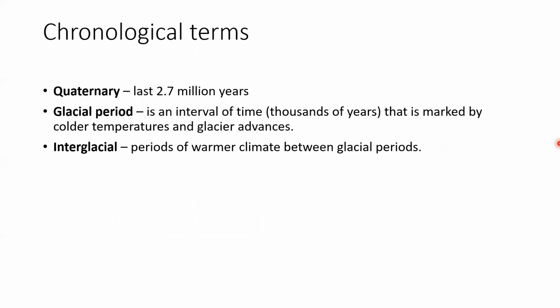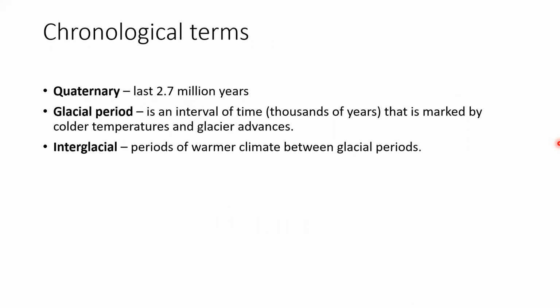Then I put here some chronological terms that you might hear during the course. So basically, the Quaternary period is about the last 2.7 million years. A glacial period is the time when there were colder temperatures and glacier advances.